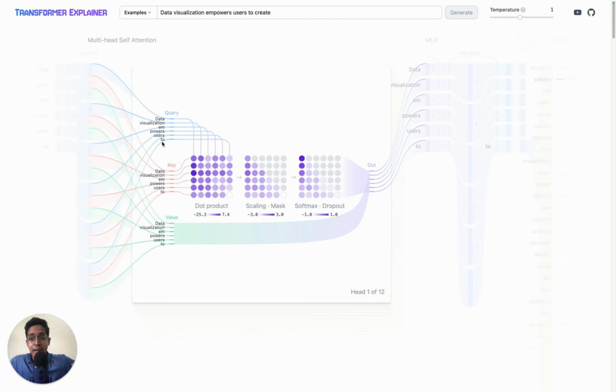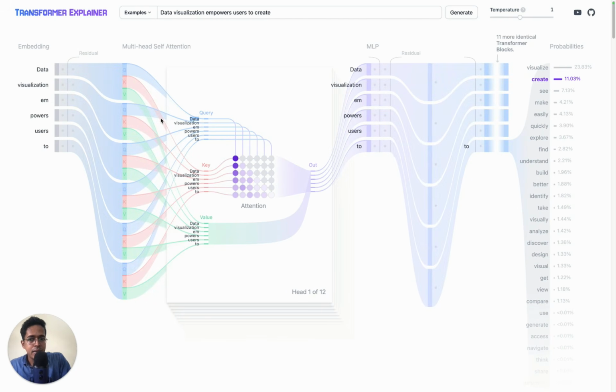Then it will predict data itself. There is no next word prediction. But if data and visualization, both of these tokens, are part of the training, then if data is the word that is provided, visualization is the word that is to be predicted. It should not get access to M, powers, users, to, etc.